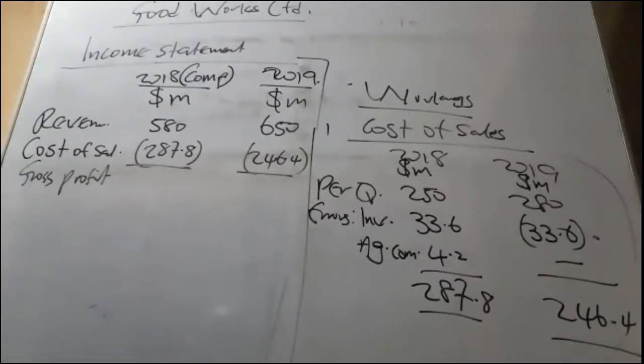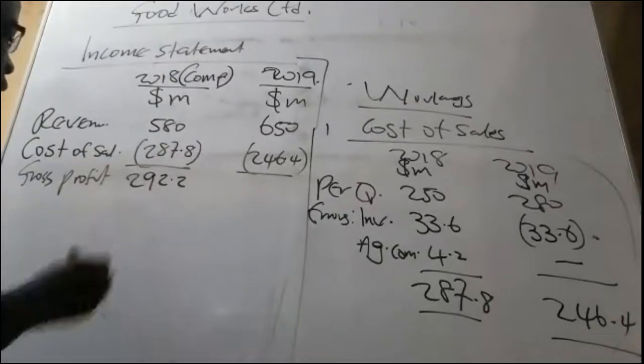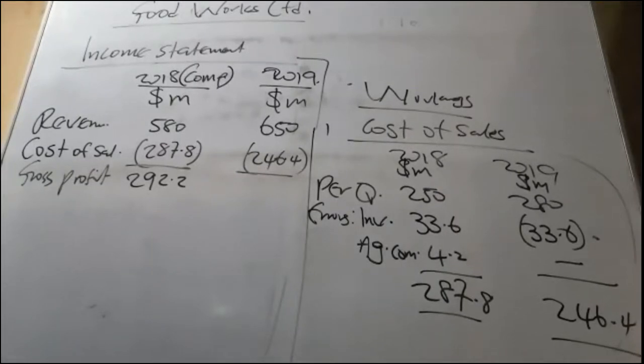That should give us something like 292.2, right? Then 650 less 246.4. That's 403.6.